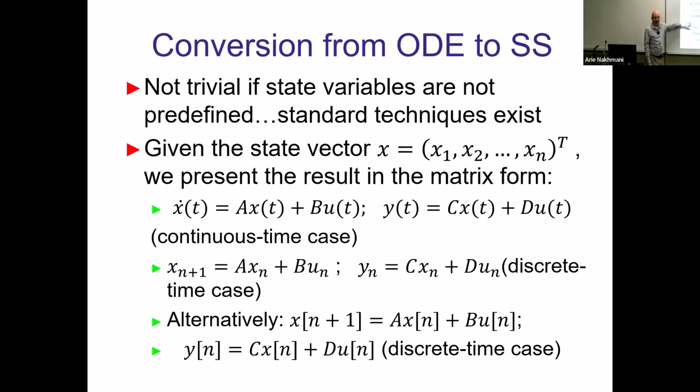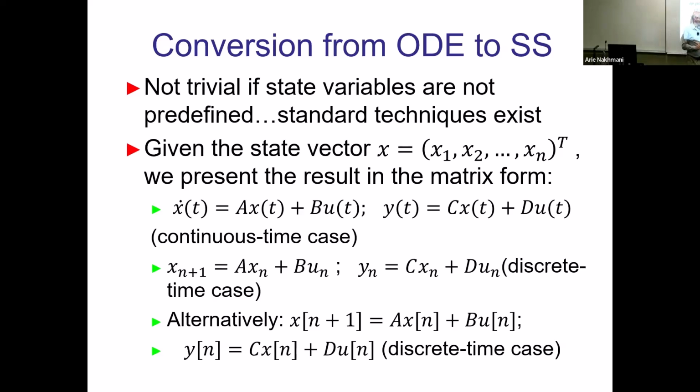For discrete systems, it's a little bit different. Instead of a derivative, you have x[n+1], which is the next state vector, equals matrix A times the present state vector x, okay, all of the values that you have right now, plus B times input u. And n is kind of a time index, but it's like 1, 2, 3, 4, 5 instead of t, right?